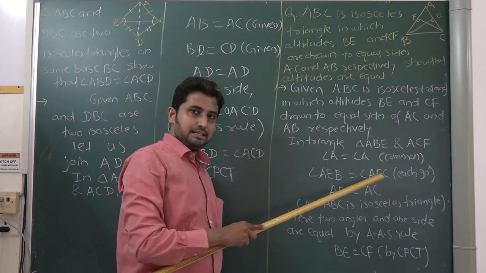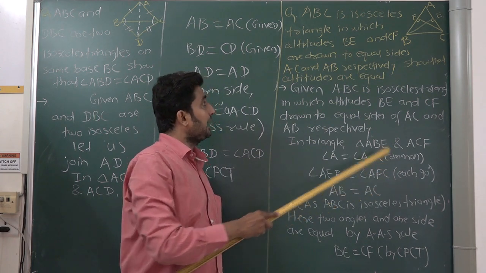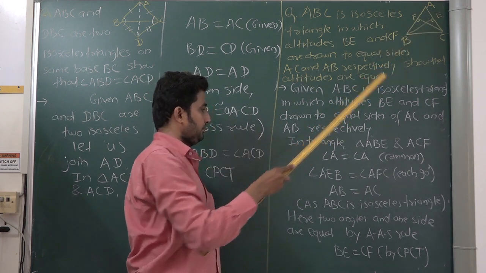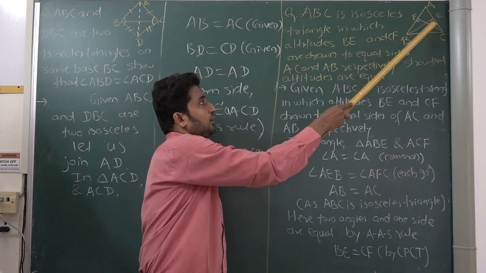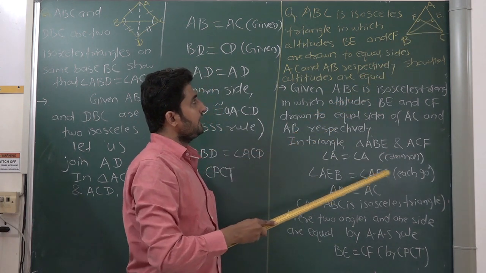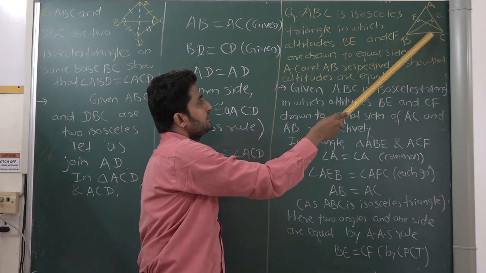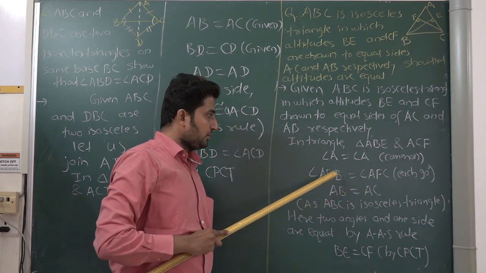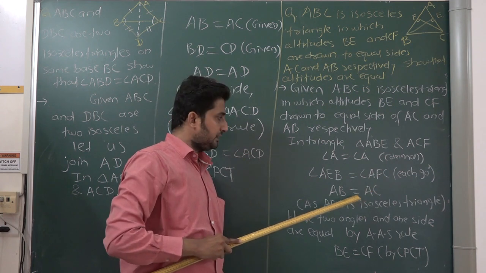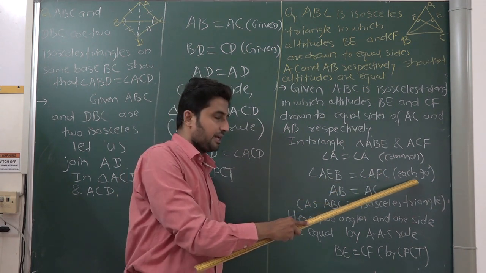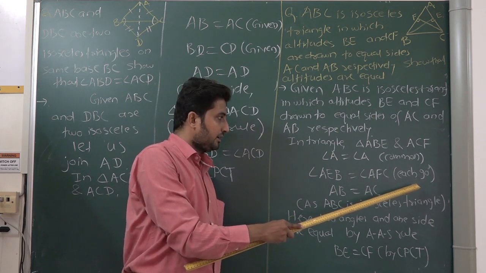Now it is clearly seen that angle AEB, if you observe this, is of 90 degrees, and angle AFC is also of 90 degrees. So we are equating them. Angle AEB is equal to angle AFC. They are equal, each of 90 degrees.